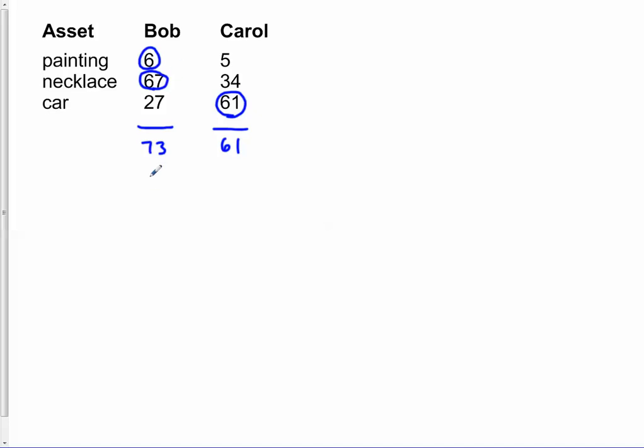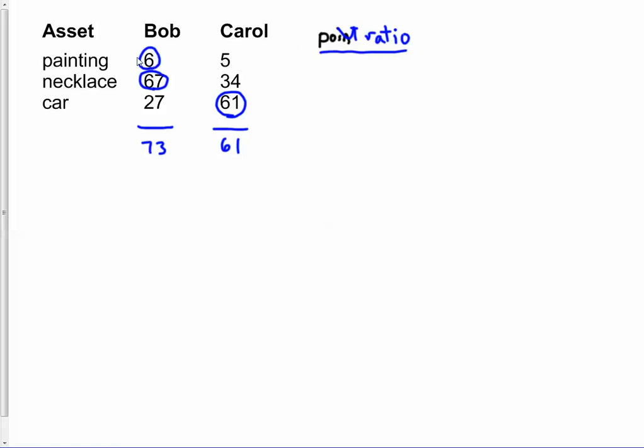Right now Bob is considered the initial winner because he has more points. We go to each of the items that Bob has and we figure out the point ratio. Sorry, my pen is acting a little funny here. The point ratio means you take, for each item, the points that Bob assigned divided by the points that Carol assigned.